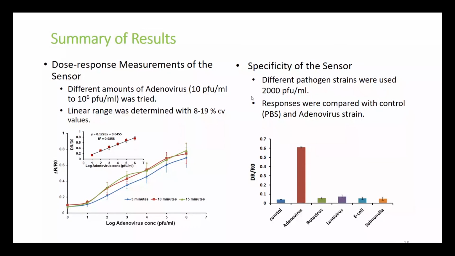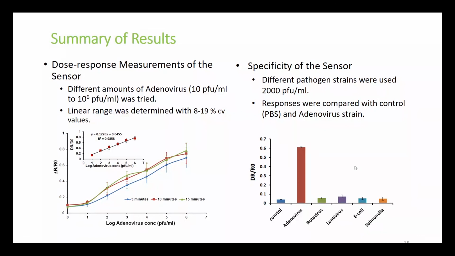Because of this, we tried to test this high range, and our system gave quite sensitive and selective results for adenovirus. The other viruses give less than 20% result with our system, which is also acceptable and good for a biosensor.